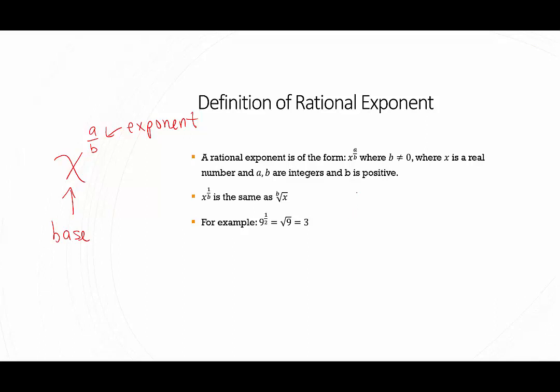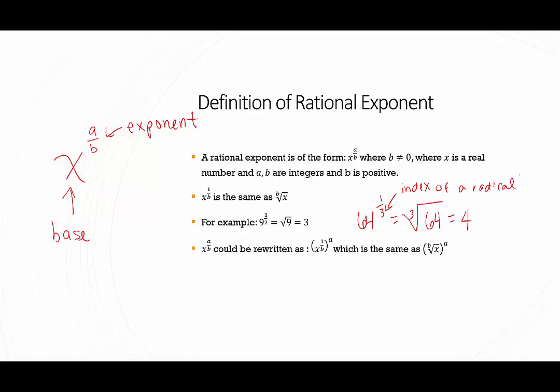If we had, let's say, 64 to the 1/3, that would be equivalent to the third root of 64, which is equal to 4. So basically, if we have an exponent and there's a denominator, this becomes the index of a radical if we were to put the base inside a radical.